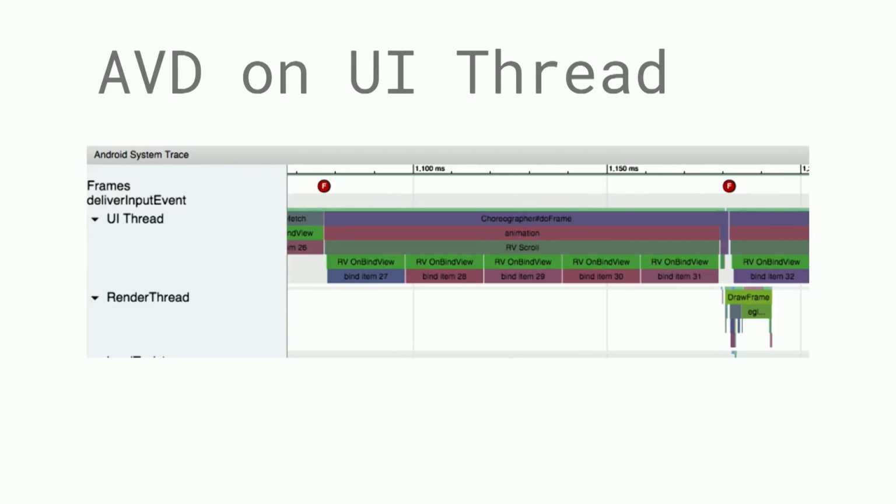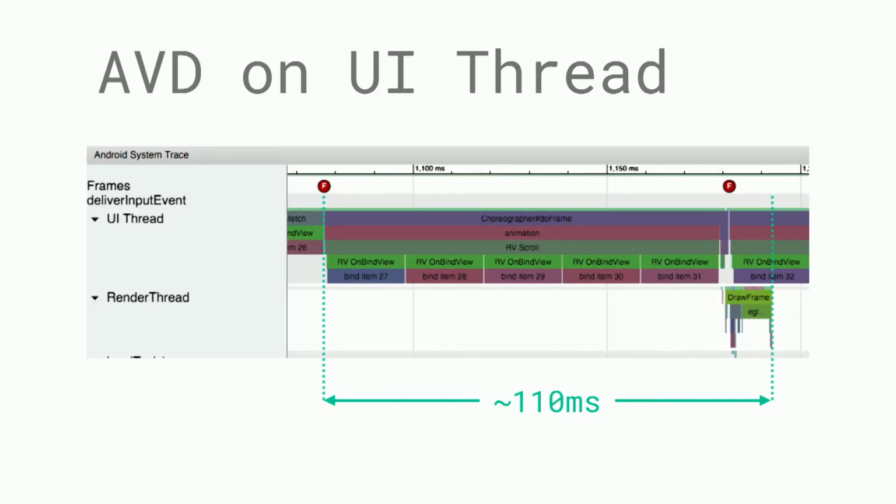And you can see there's the work for RecyclerView unbind view in the form of these green little blocks that are taking quite some time. And so as a result, from the beginning of the frame to the end of the frame, which is once this frame is produced, it takes about 110 milliseconds, and only one frame is produced.